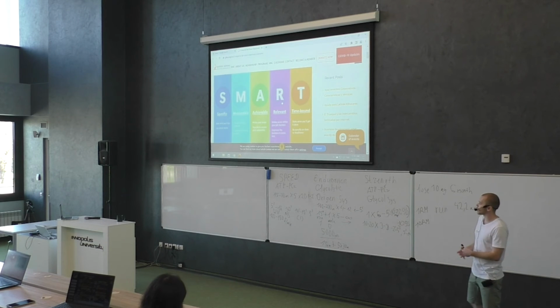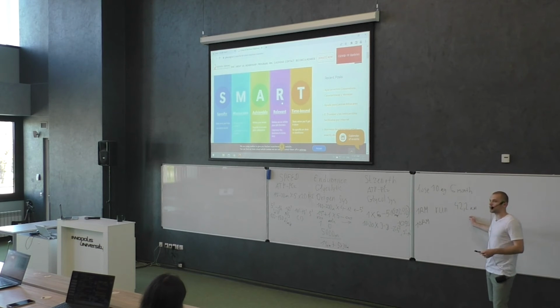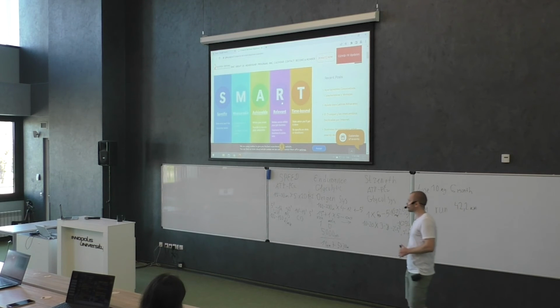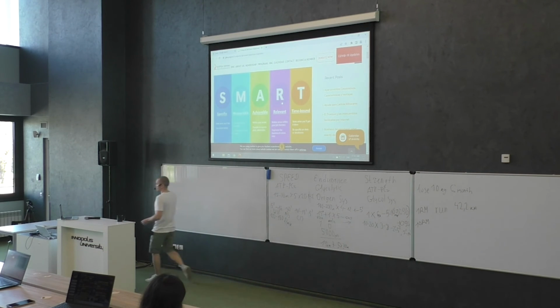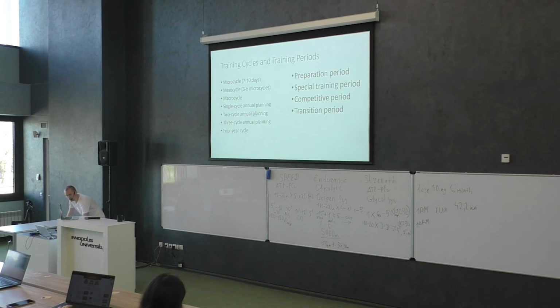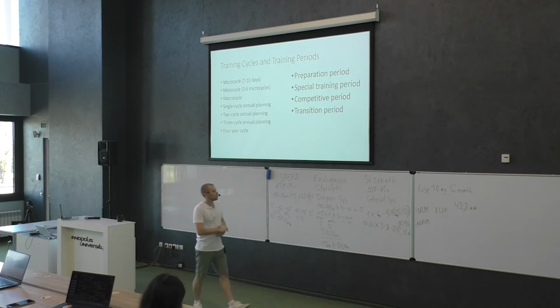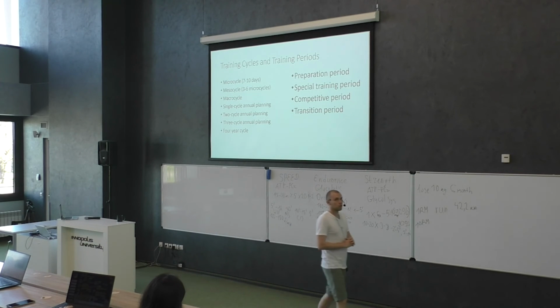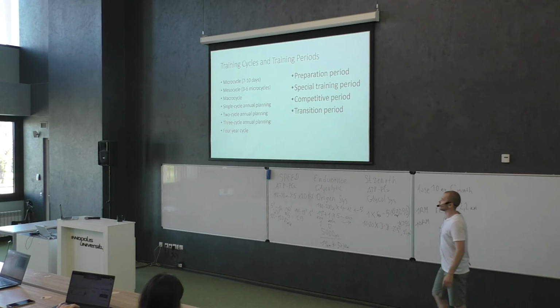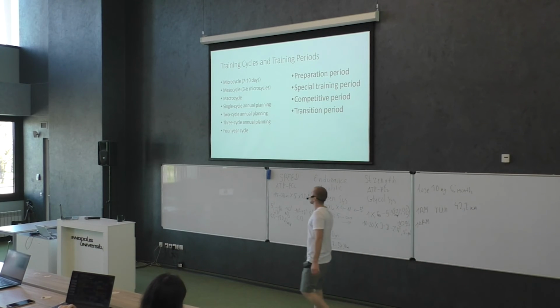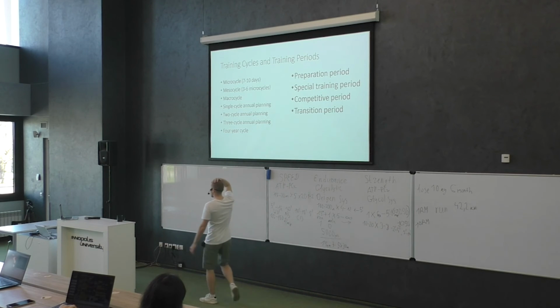How to measure the time bound of this big target? Let's see on the slides. We will answer this question later. To solve this big target, you need to know that we have training cycles.